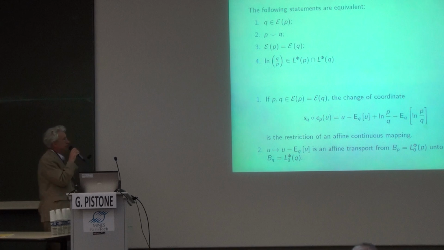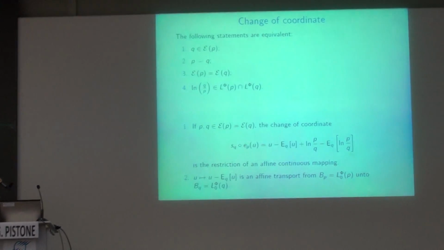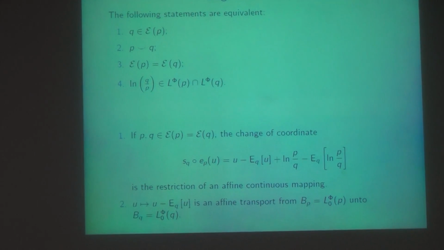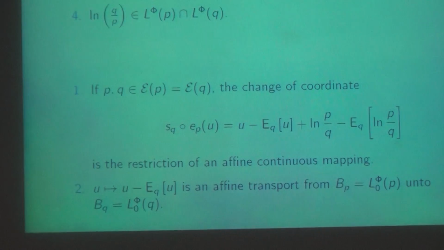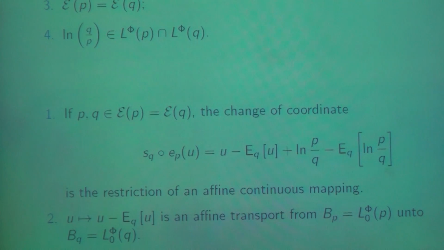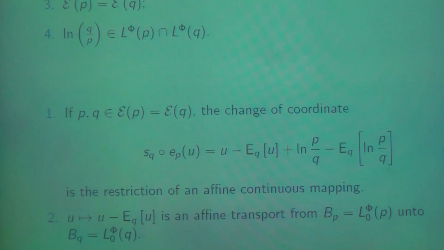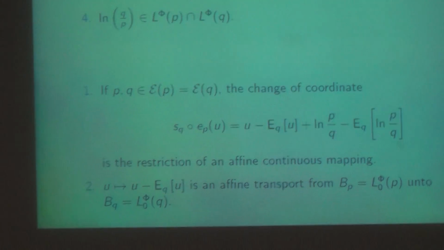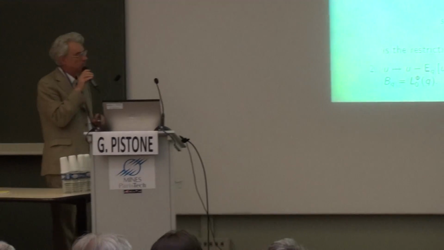And using that, we can write down explicitly the change of coordinates. And the change of coordinates is the restriction of an affine continuous mapping. Because we have u, the expected value of u, which is a linear function, plus a quantity which belongs to both Orlicz spaces.